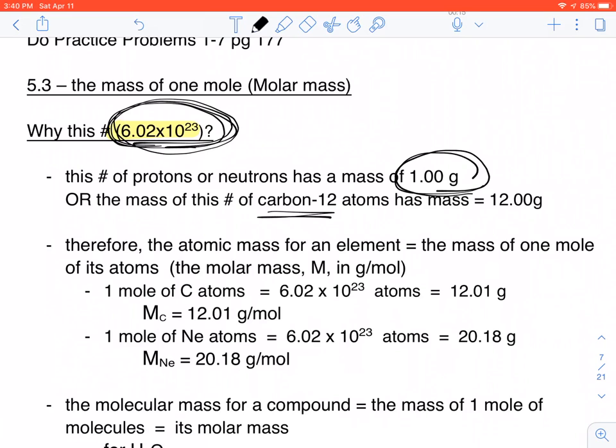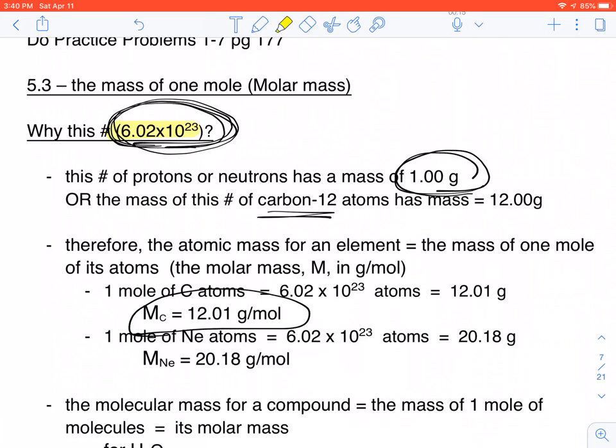Now, if I take that information and use it as a chemist, it allows me to figure out how many particles I have if I know the molar mass, the mass of 1 mole of a substance. Now for the elements, the molar masses are right on the periodic table.